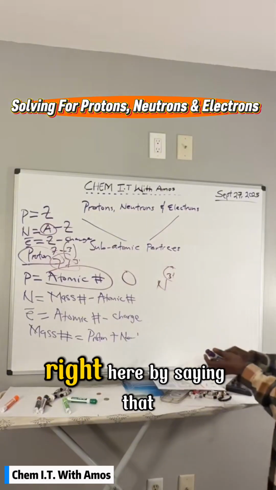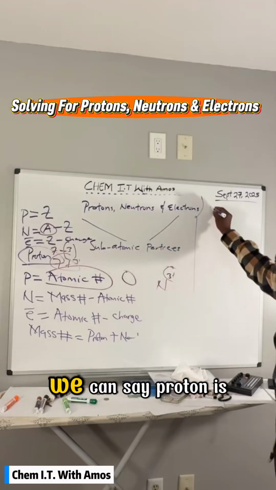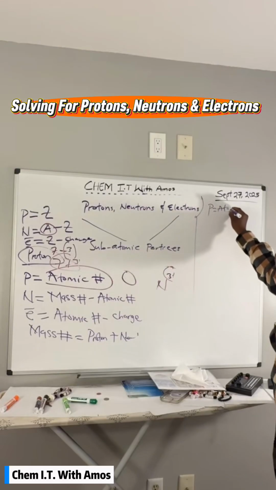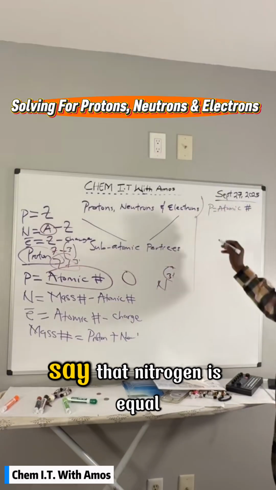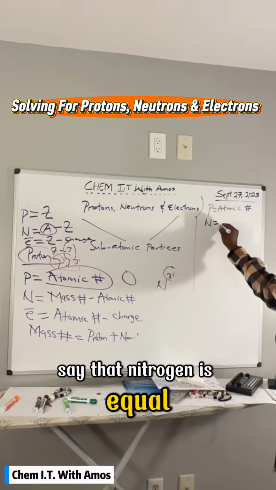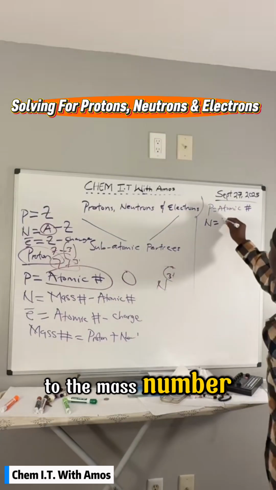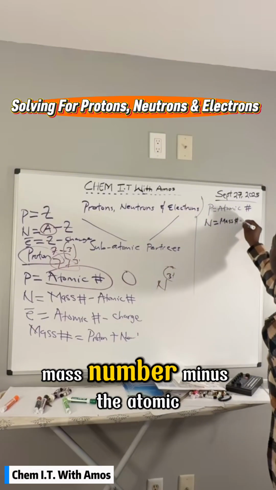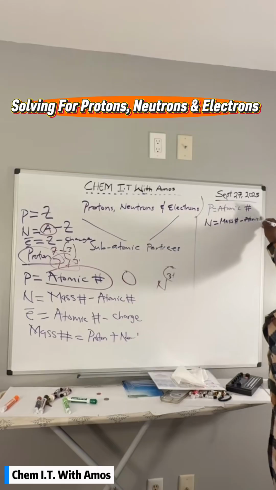So we can repeat them right here by saying that proton is equal to atomic number, and neutron is equal to the mass number minus the atomic number.